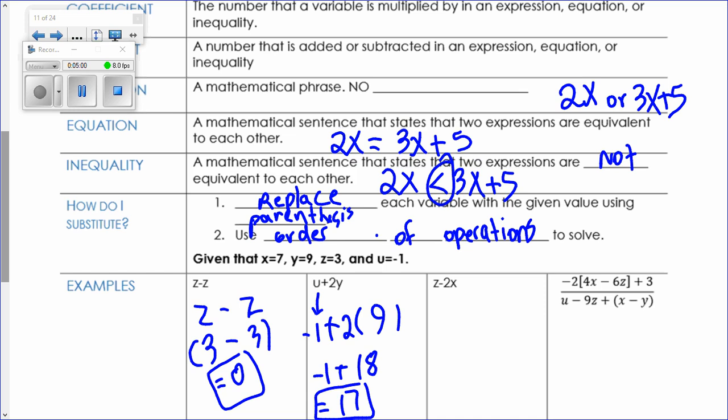Now, next problem, z minus 2x. So 3 minus 2 times 7 equals 3 minus 14 equals negative 11.